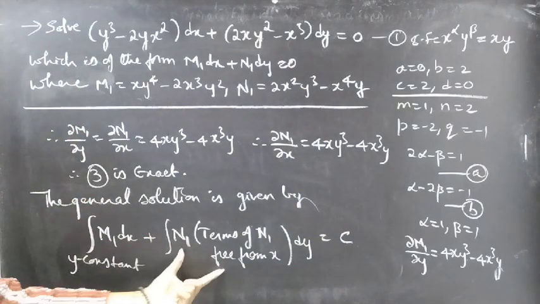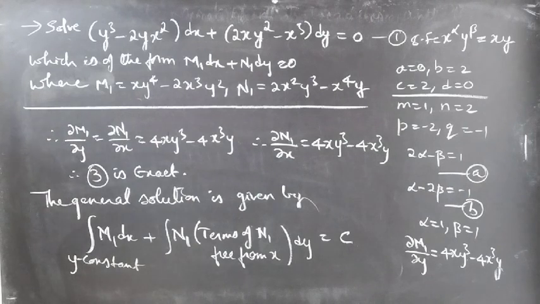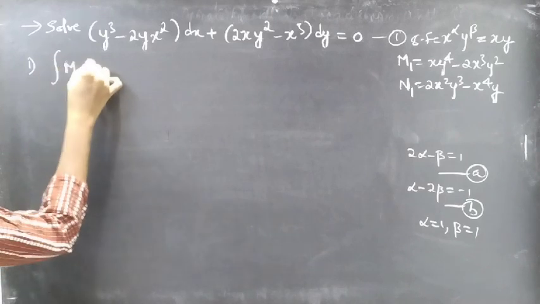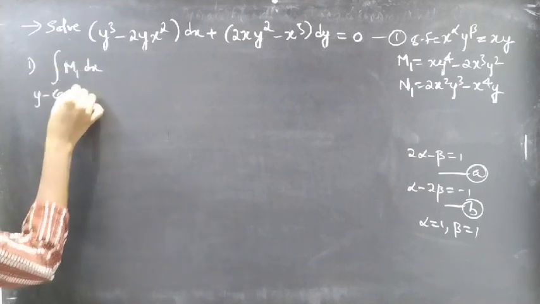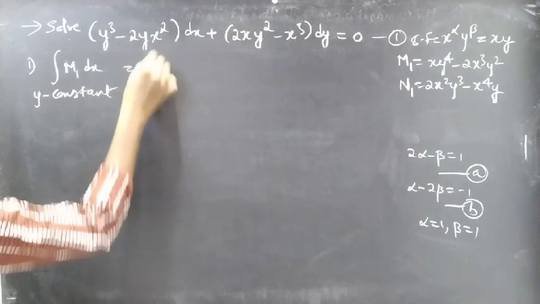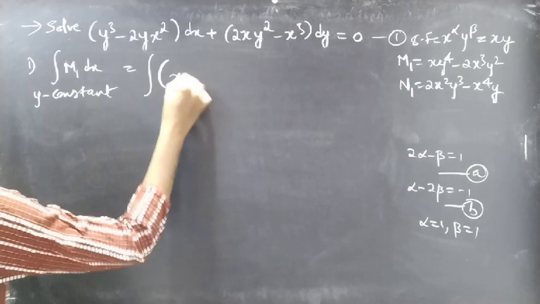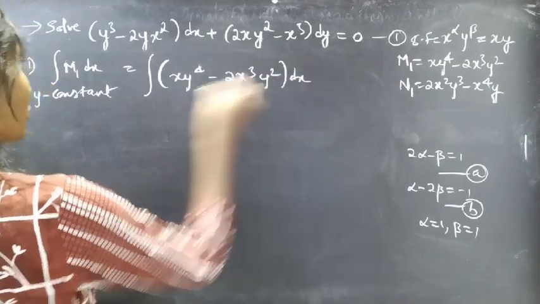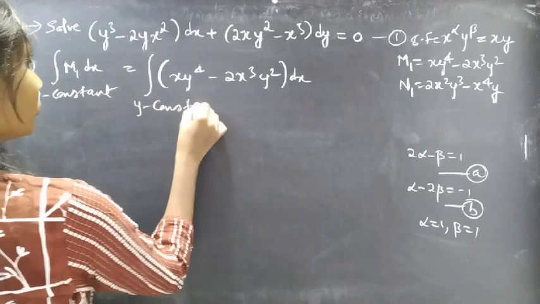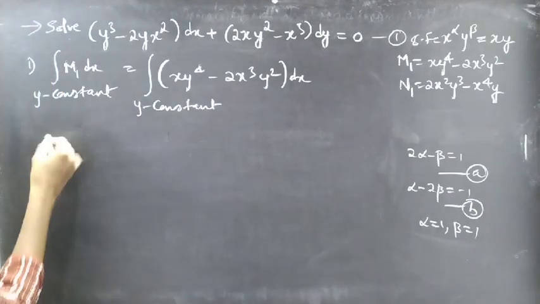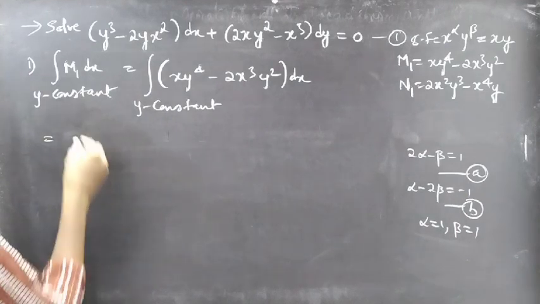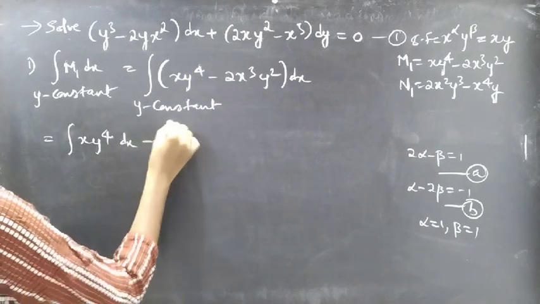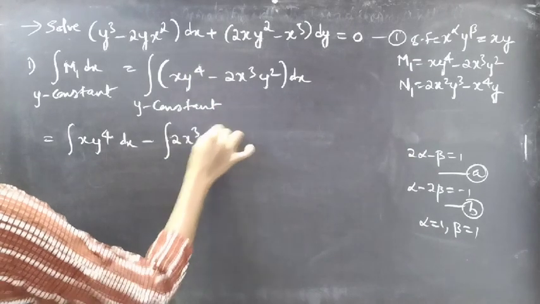Now let's find the two integrals separately. Integral M1 dx treating y as constant equals integral of xy power 4 minus 2x cube y square into dx, which is integral xy power 4 dx minus integral 2x cube y square dx.